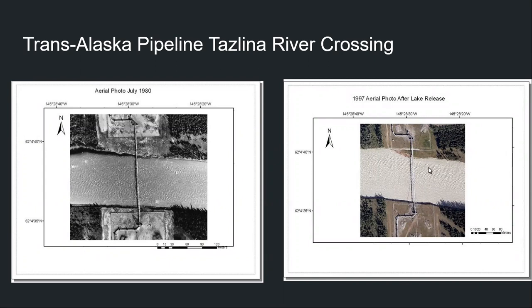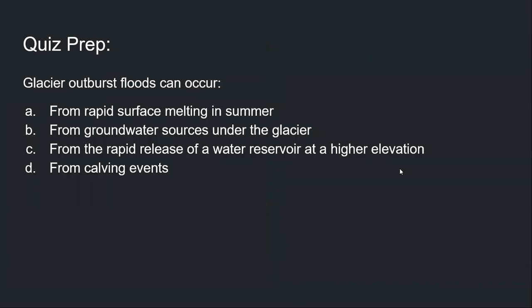And that's the exact same thing for this Trans-Alaska pipeline. When they built it, maybe the stream was pretty small, but they knew that it could grow by an order of magnitude whenever a lake is outbursting, and they had to account for that.